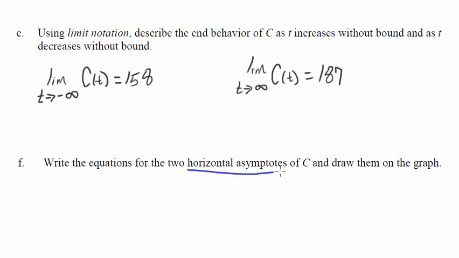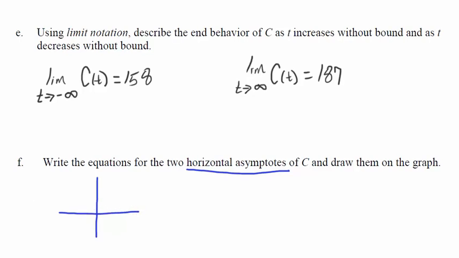Alright, horizontal asymptotes. These are going to be imaginary lines which we get really, really close to. So if I were to draw this, here's my axes. This stuff that I am drawing in red here is the actual function. It levels off and then it levels off again. Now the asymptote is not part of my graph, but we oftentimes draw these imaginary horizontal lines to show what the end behavior is doing.